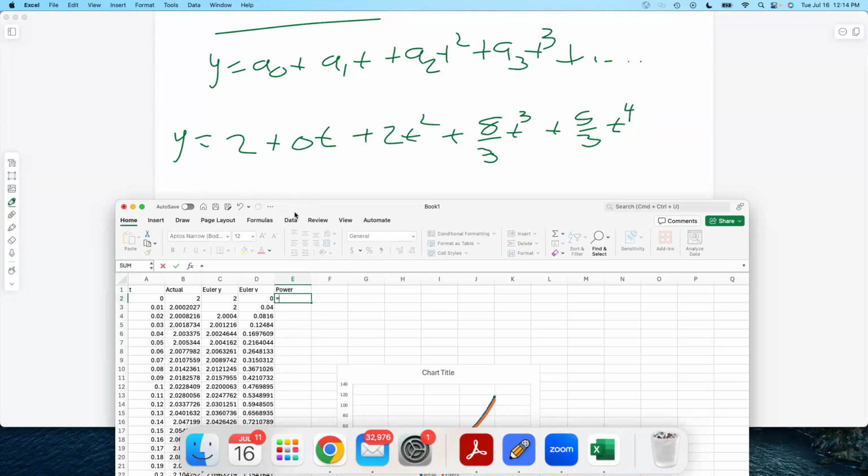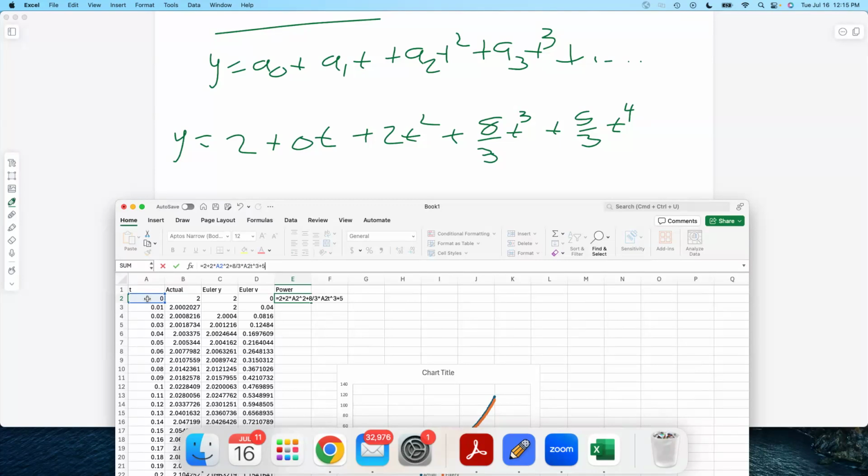So this should equal, and I'm literally just going to type in this polynomial. 2 plus, I don't need the 0t. I'm not going to type that. 2 times current t squared plus 8/3 times current t cubed. It's not previous like with Euler's, it's current.